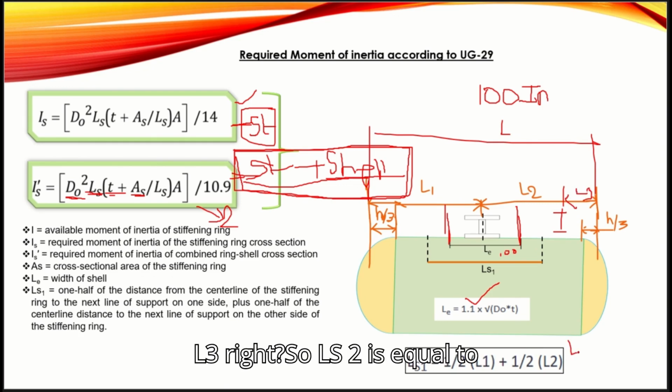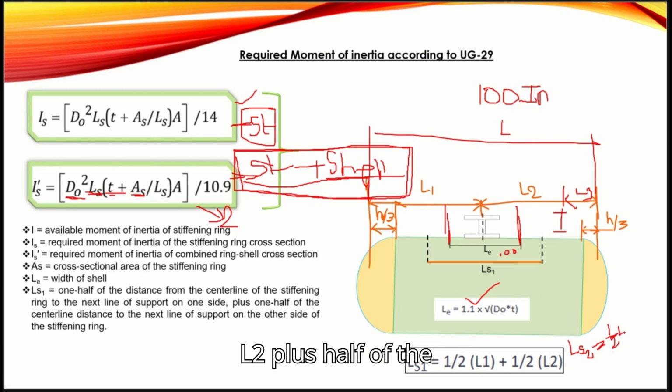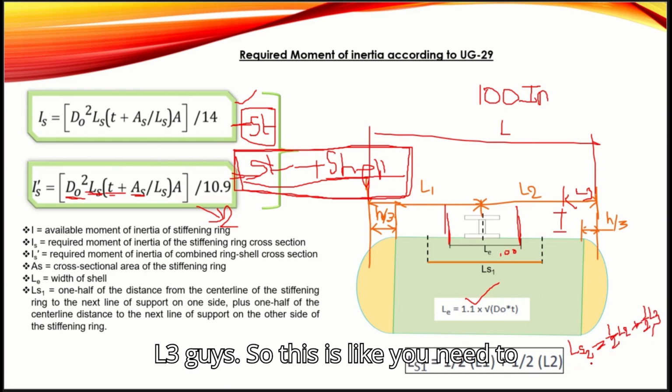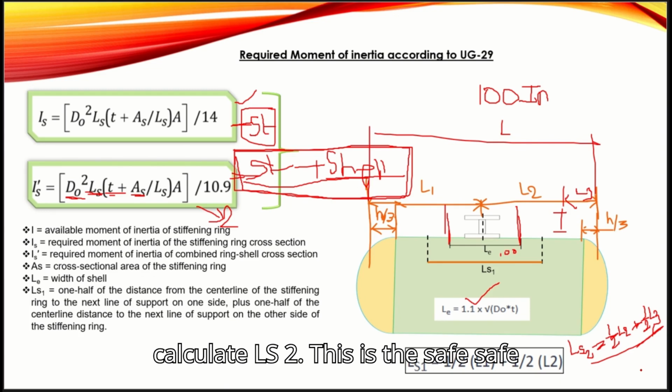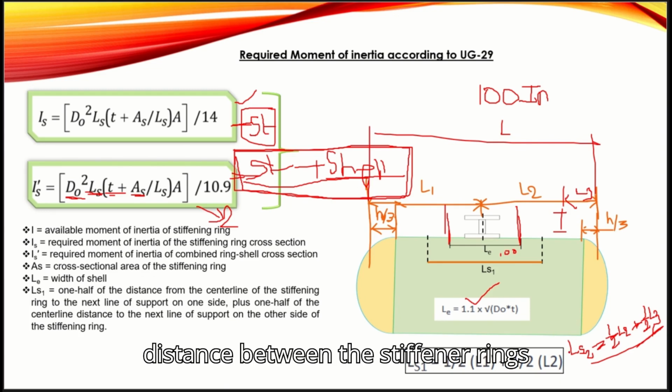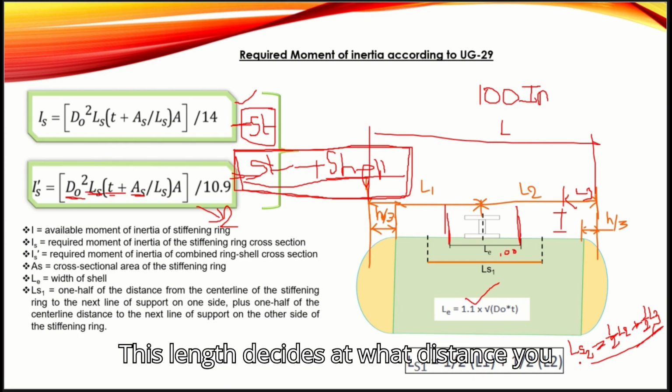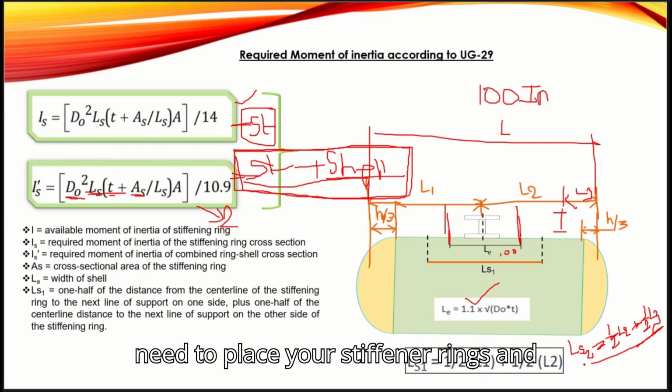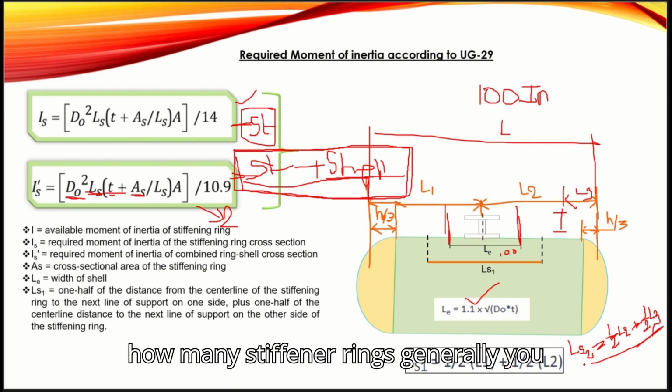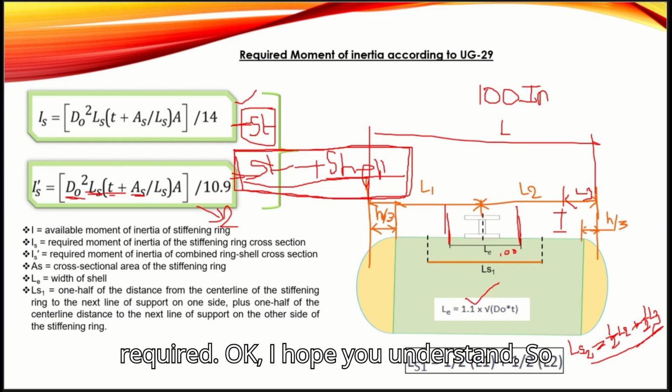So LS2 is equal to half of L2 plus half of L3, guys. This is how you calculate LS2. This is the safe distance between the stiffener rings, guys. This length decides at what distance you need to place your stiffener rings and how many stiffener rings you generally require. Okay, I hope you understand.